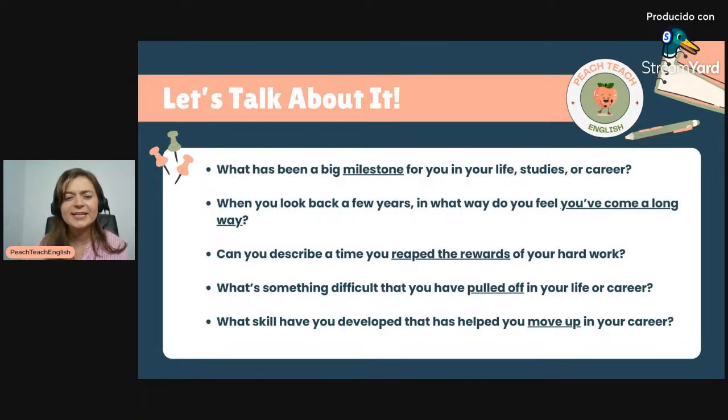So my example for this one, I have grown up playing sports, lifting weights, most of my life. And when I first moved to Colombia, I started taking my fitness very seriously, and I started going to the gym regularly.